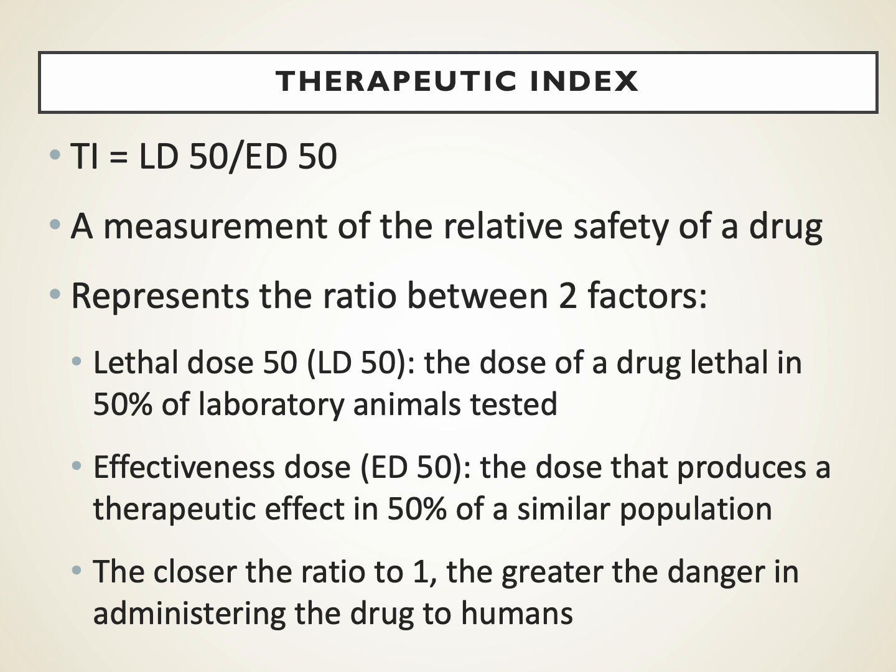The wider the therapeutic index is, the more difference there is between the effective dose and the lethal dose, and the safer the drug is. Contrary to that, the smaller the therapeutic index, the closer it gets to 1, the more dangerous that drug is.